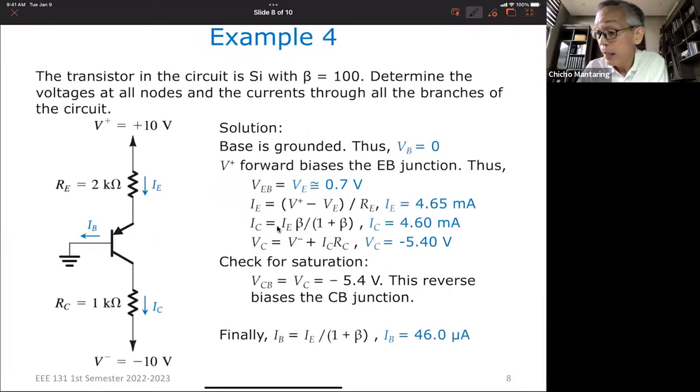Okay. In the fourth example, still a PNP transistor with a dual supply. This time with your base terminal grounded, so you're asked to compute for all the voltages and currents in your transistor circuit.